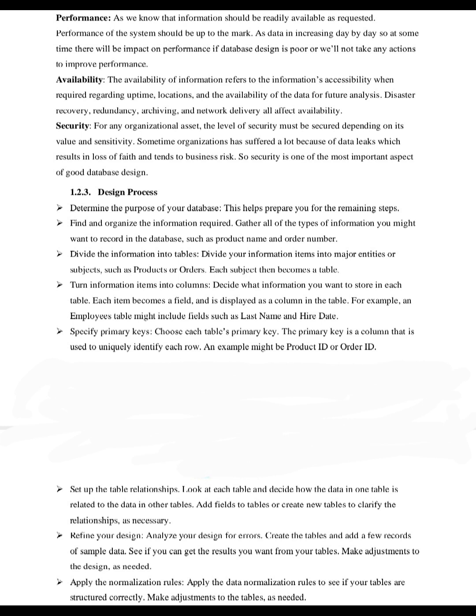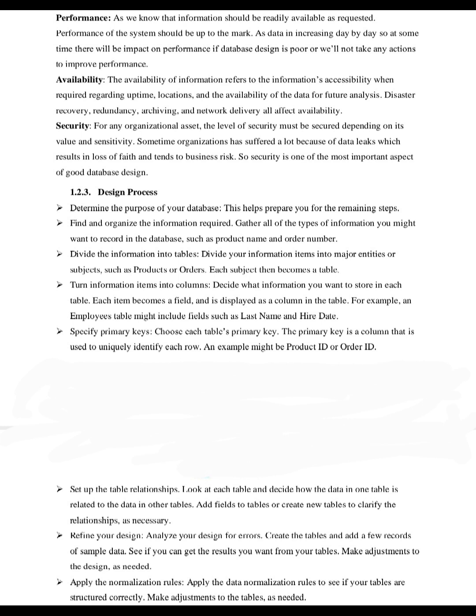Section 1.2.3 Design process. Determine the purpose of your database. This helps prepare you for the remaining steps. Find and organize the information required. Gather all of the types of information you may want to record in the database, such as product name and order number. Divide the information into tables.